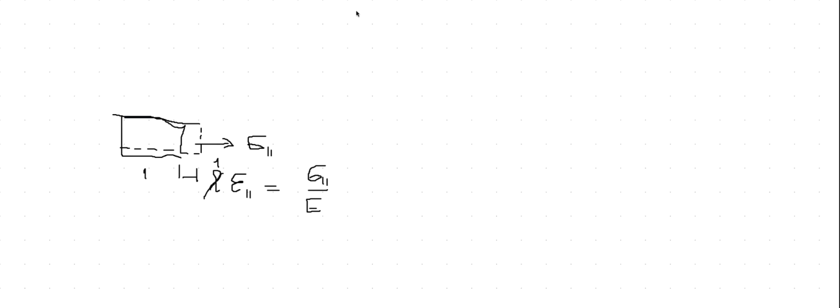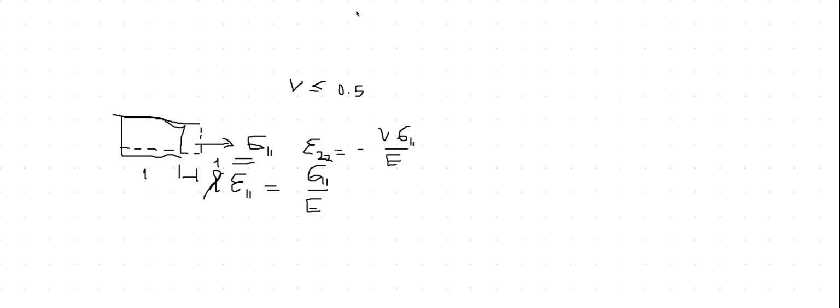But you notice for all normal materials, there's also this part here, which is epsilon 2,2, and it so happens that this one is written as minus nu times sigma 1,1 divided by E. So typically nu is smaller than or equal to 0.5, which would be an incompressible material.